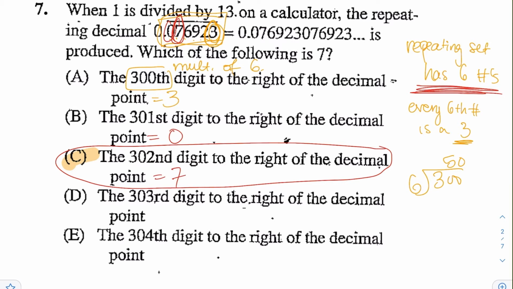So you divide by 6 to figure out the number of sets you have. You have 50 sets of 6. And you just want to keep going and repeating this pattern until you get to the number you want. Other times you'll want to get the remainder. The remainder will tell you how many times to go forward in the new set.